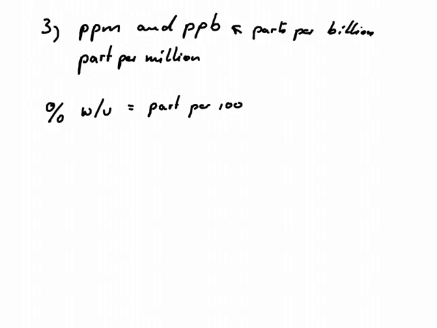That's just an extension of that, parts per million. So 1 ppm would be defined as 1 milligram of a substance per 1 liter of water.